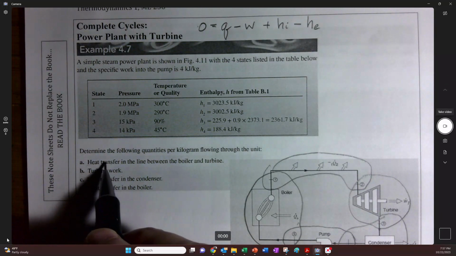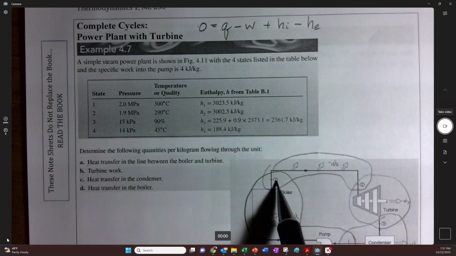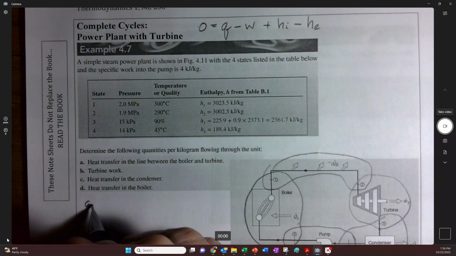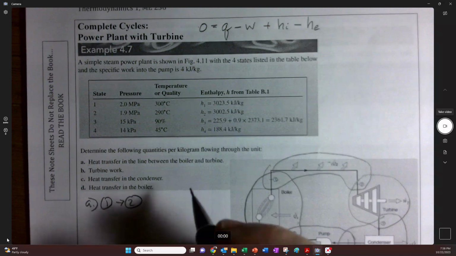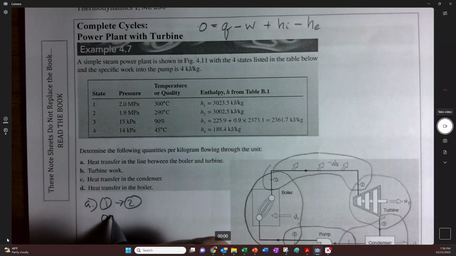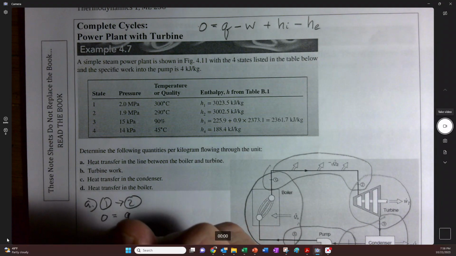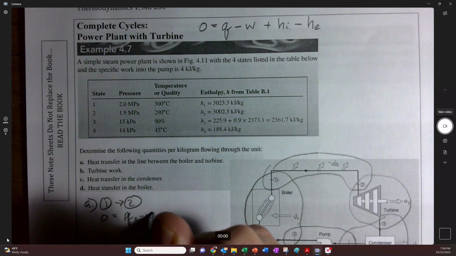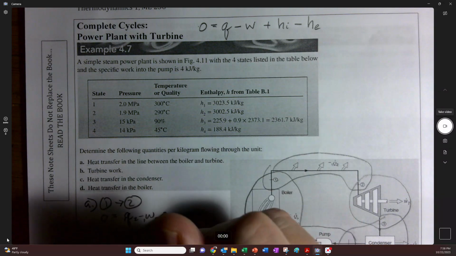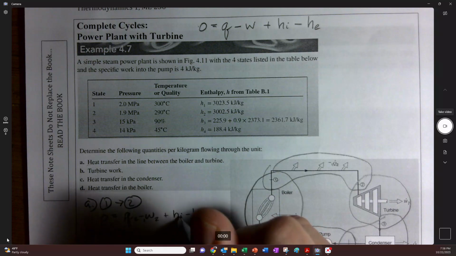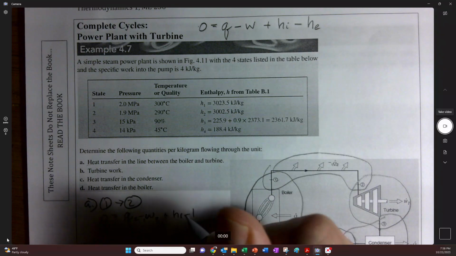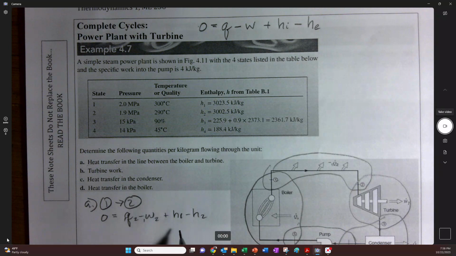So for this process A, going from state 1 to state 2, we're going to say 0 is equal to Q 1 to 2 minus W 1 to 2 plus h in minus h out, it should be H1 minus H2, right? So that's the in and that's the exit.